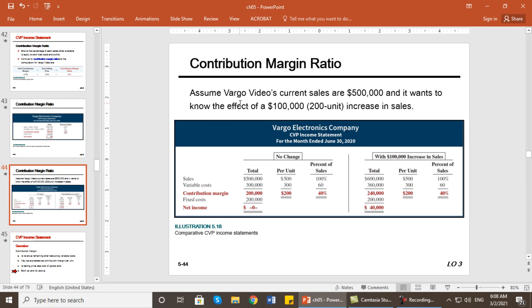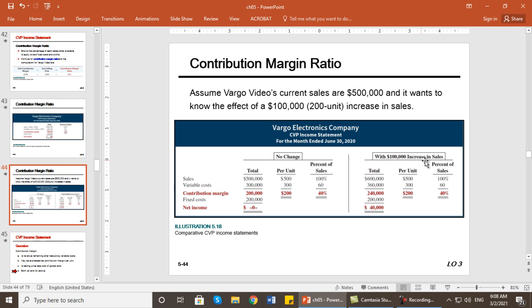Now if we increase the sales by $100,000, or 200 units, the same 200 units times 500, a $100,000 increase in sales. What's the effect on net income?